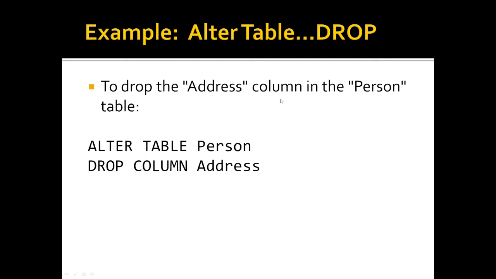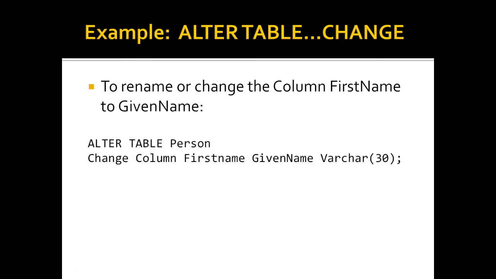To drop the address column from the person table: alter table person, drop column, and then the name of the column. And to rename or change the column first name to given name: alter table person, change column first name, that's the old name, this will be the new name, and then maybe the new data type, or maybe even the size. So that's how we change.